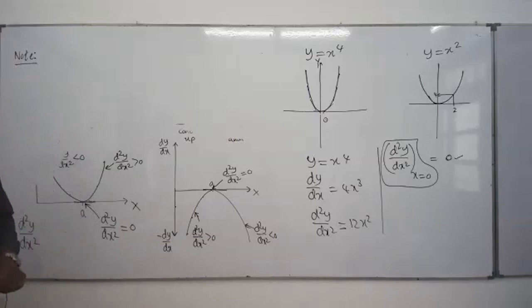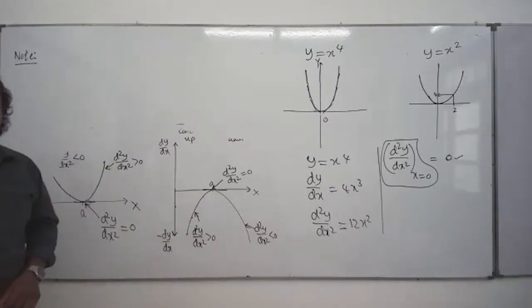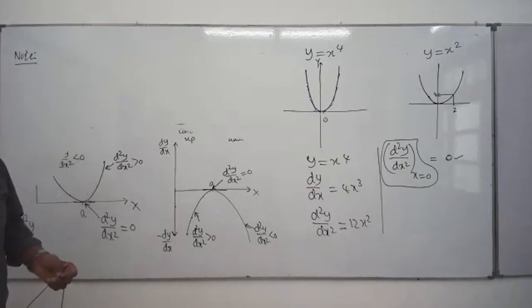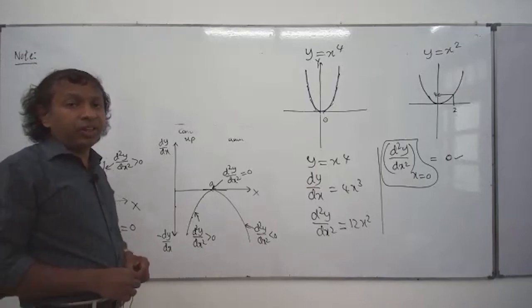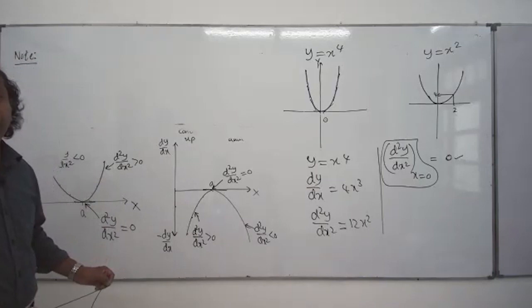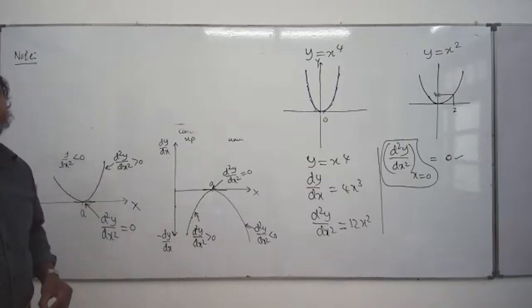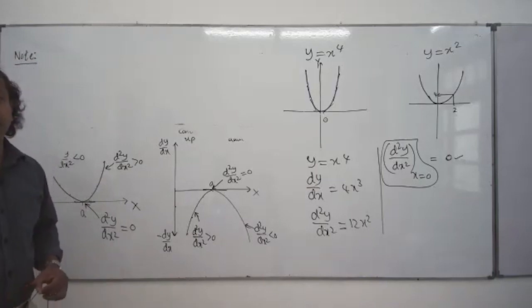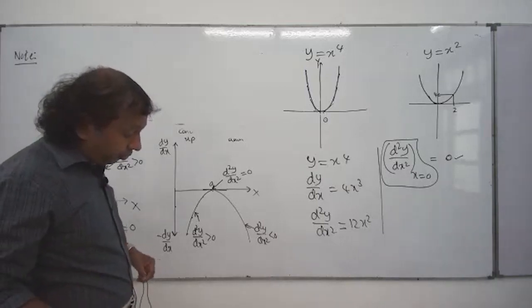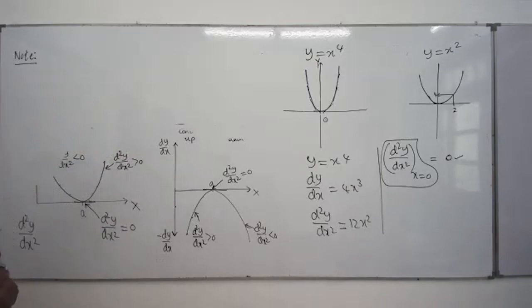That is, though the second derivative is 0 at a particular point on a graph, it does not say that point is a point of inflection.